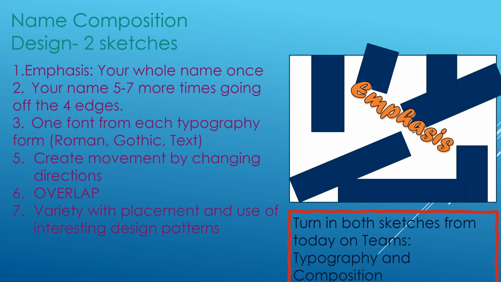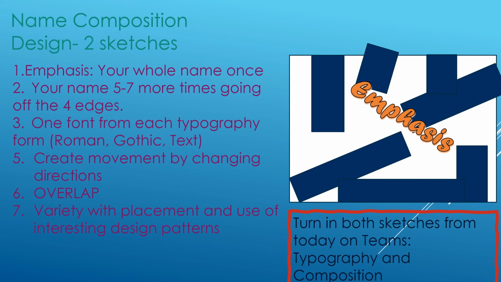You must have your names overlapping. And I want you to consider, how will you use variety to create more interest? And what kinds of patterns will you use around the letters of your name as you make the work all come together in the end?